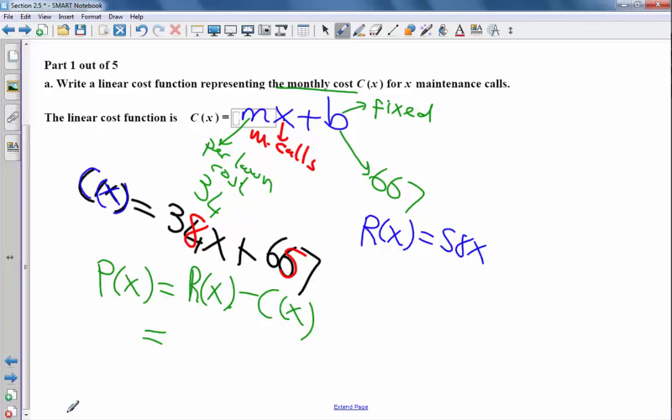Now what is our revenue number? 58X. What is our cost number? Is that right? I just put R of X first. This is R of X, and then cost next, right?